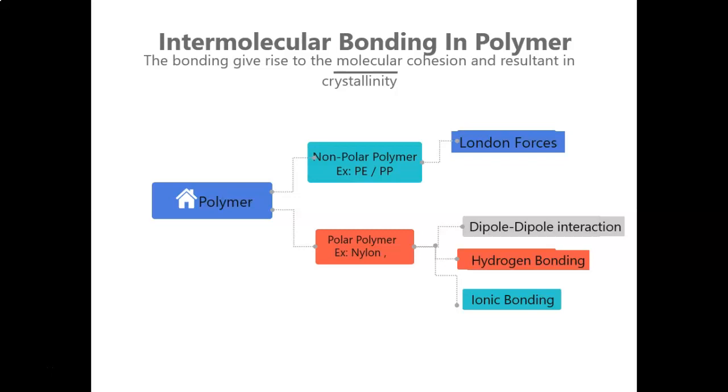For polymer, we have non-polar polymer, for example polyethylene and polypropylene, and polar polymer, which contain OH substituent group, for example nylon. For non-polar polymer, the intermolecular bonding that exists is London forces, and for polar polymer, we have dipole-dipole interaction, hydrogen bonding and also ionic bonding.